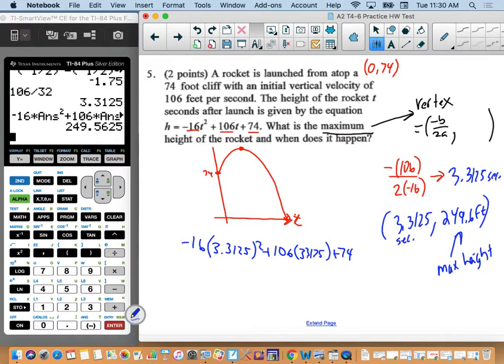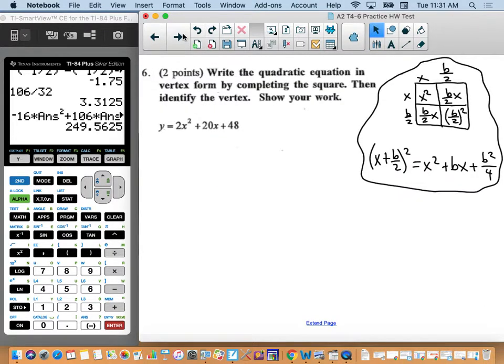This is the number of seconds after launch that it takes to reach that maximum height. And number 6 is completing the square from standard form to identify the vertex.